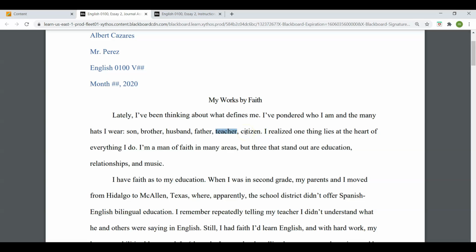So kind of a list of possibilities, but then I chose one, right? I chose one thing that shows everything I do is related to this one thing right here. And so then I tell you that I'm a man of faith, right? Okay, so that's just a way. Now, a lot of you have done good things in that lead-in section.